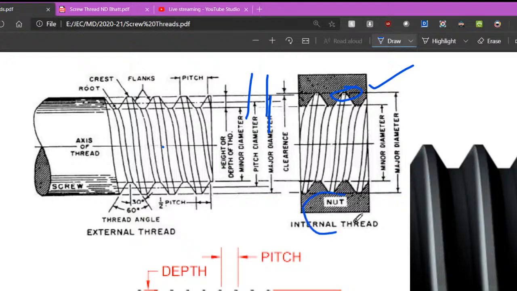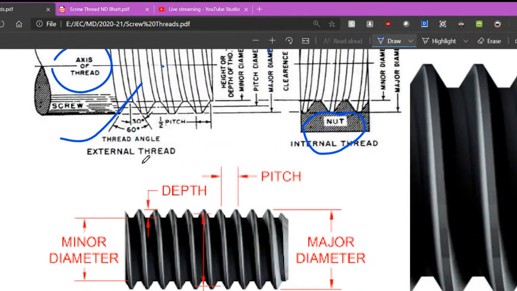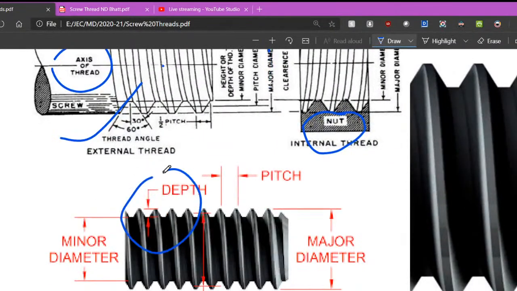So this outer part becomes your nut and the inner part becomes your screw, or you form it on the bolt. So here you see the depth of the thread, and the pitch, from crest to crest or root to root, or any point on the thread to the next point on the next thread.